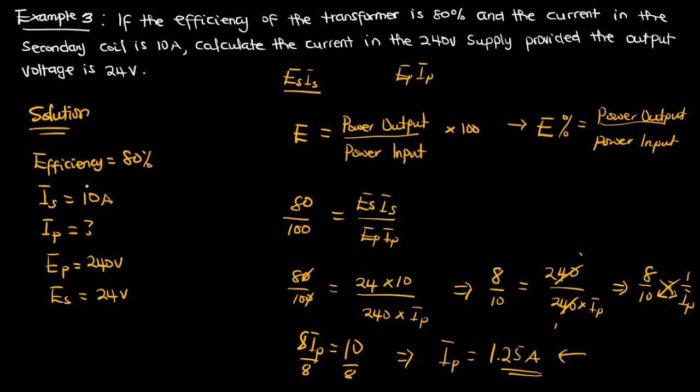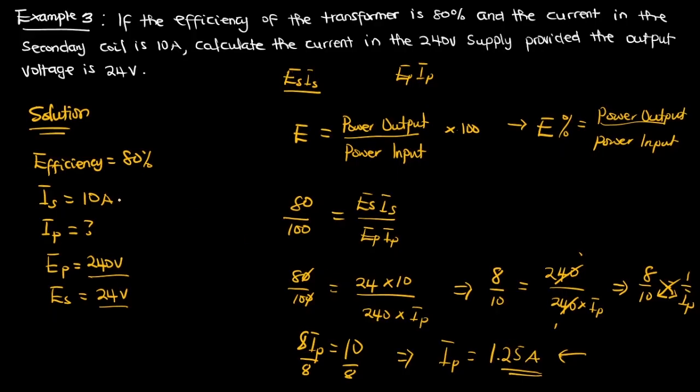So this is my answer for this particular problem. Now, because the primary voltage is more than the secondary voltage, this is a step down transformer. Because it's a step down transformer, and the relationship between the current and the EMF is inversely proportional, you can see that even though the primary voltage is more, the current in the primary coil is lower than in the secondary one.